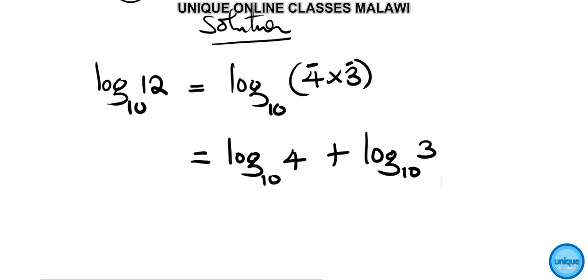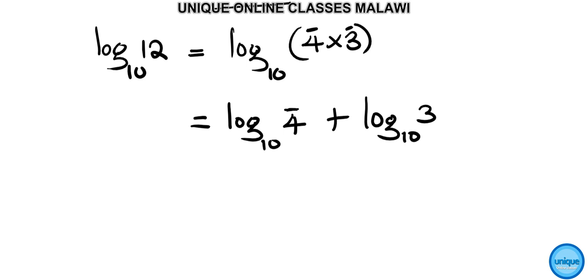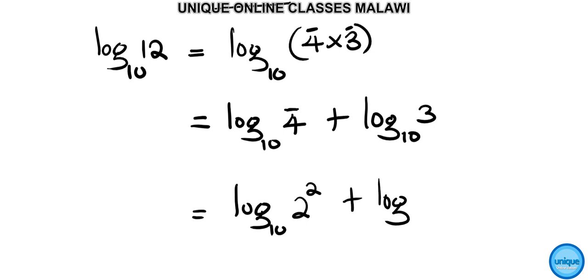Now this will be log of 2 to the power 2 base 10, remember 2 to the power 2 is 4, and here we have log of 3 base 10.